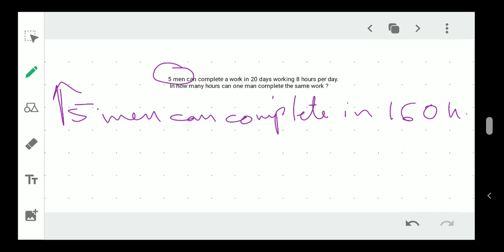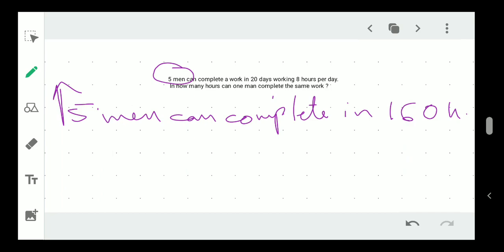See, if I have more men, more workers with me, the work will be done in much less time. Like say, if you are alone painting the whole house, let's say you take 5 days to complete the work.